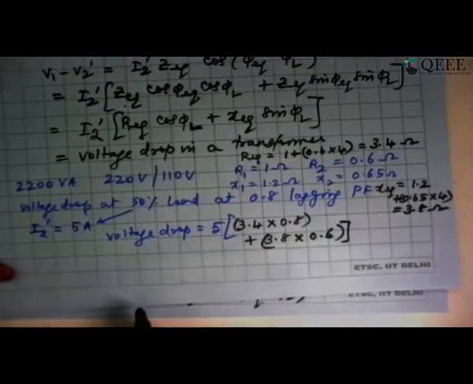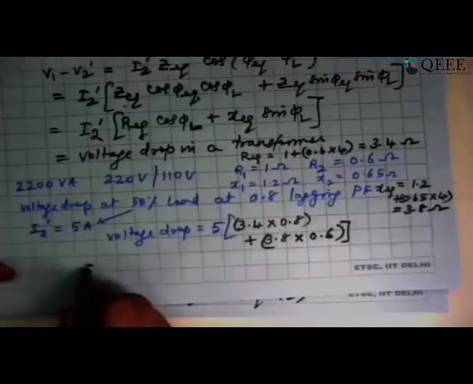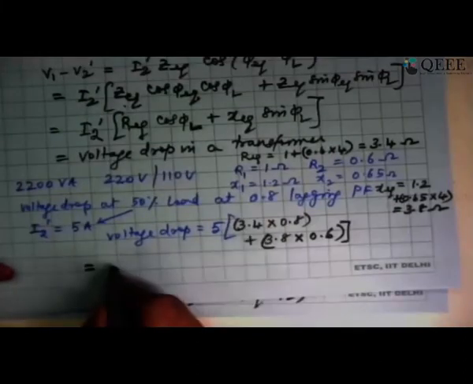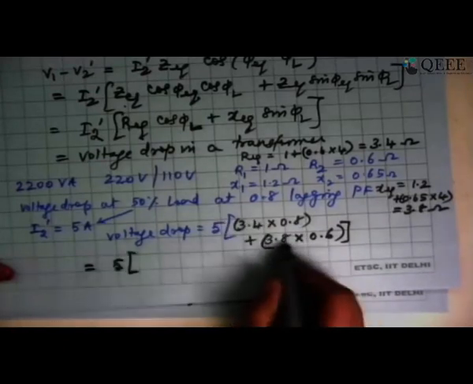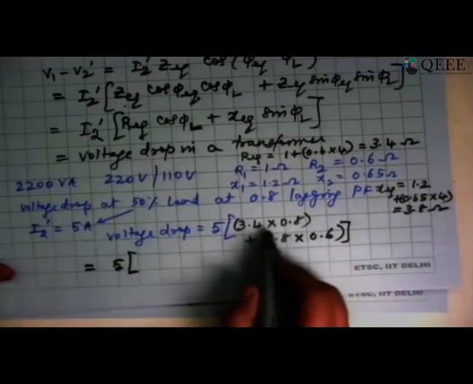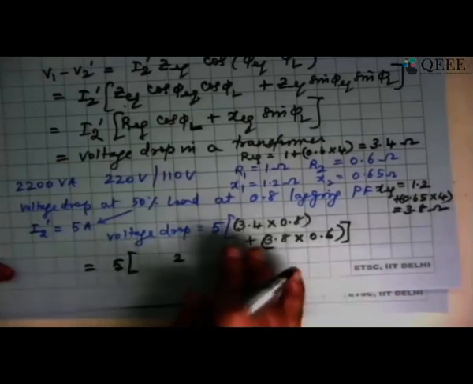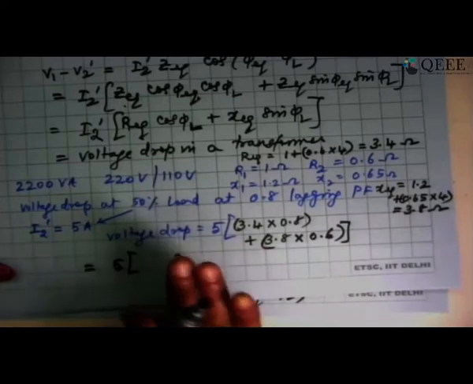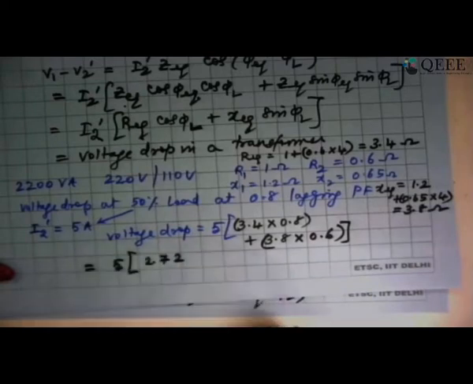So this is the voltage drop at 0.8 power factor lagging. I'm going to have essentially 5 multiplied by 3.4 into 0.8 and 3.8 into 0.6. 8 4s are 32, 8 3s are 24, 24 plus 3, 27. So I'm going to have 2.72 volts.